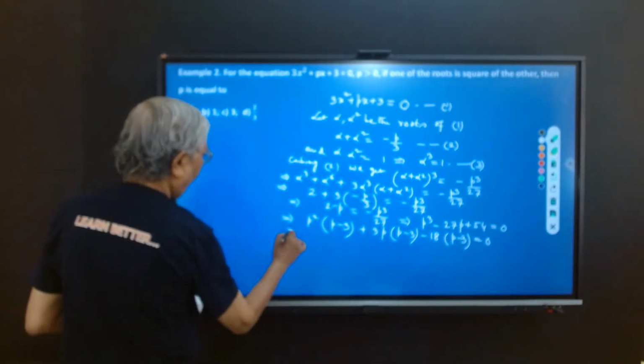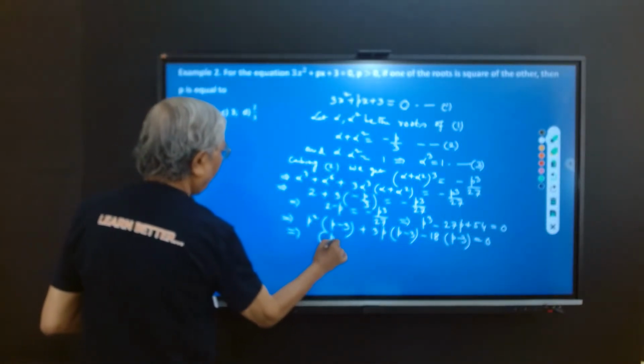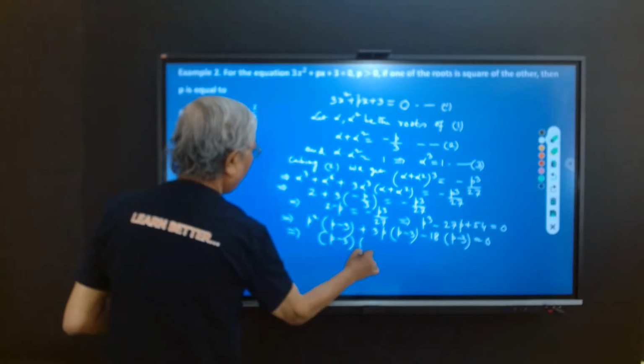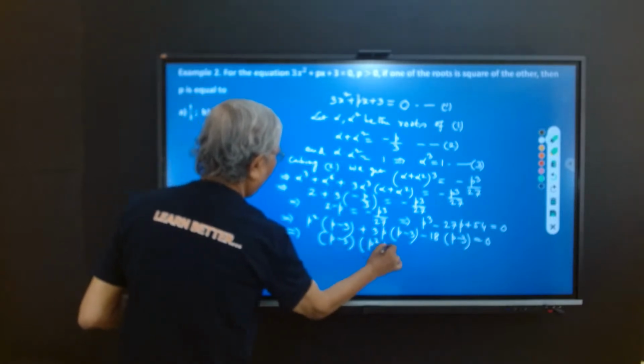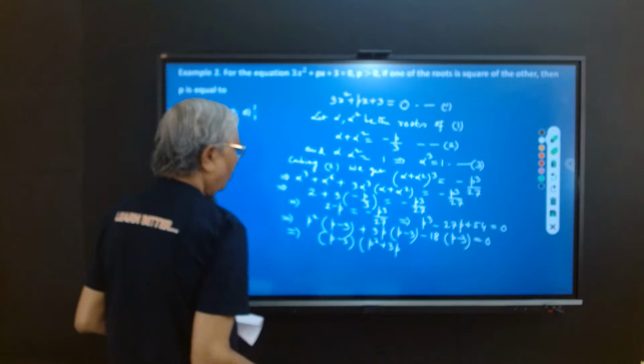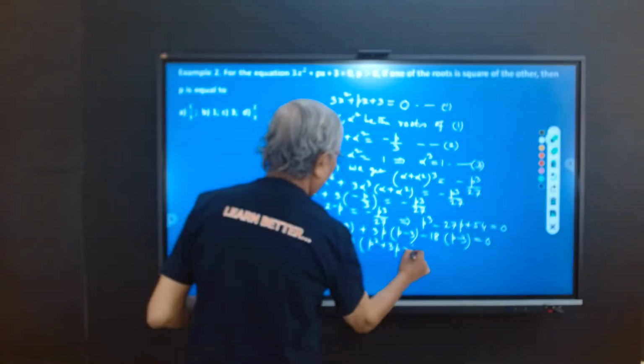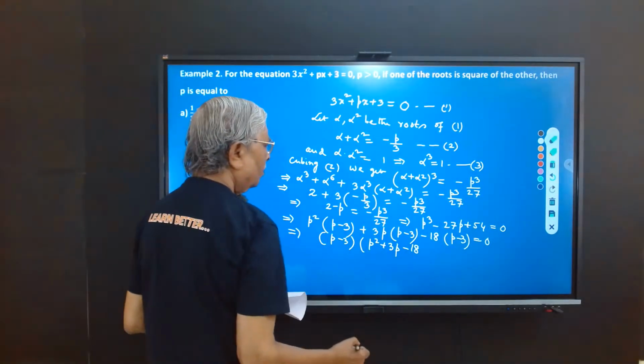This will imply p minus 3 into p square plus 3p minus 18.